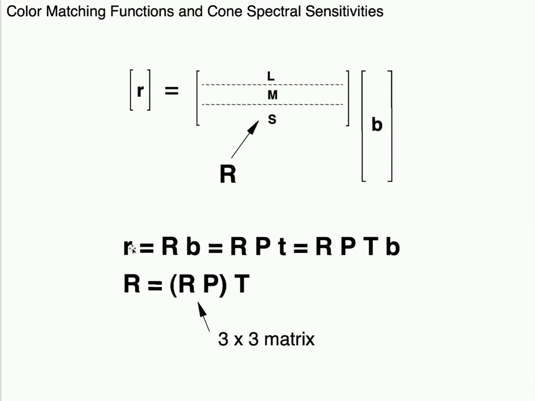But I have one more fact, which again I asked you to remember before, which is that T itself is this color matching function matrix times B. So I can substitute in here for T, T times B, and again, just to remind you, there it is.